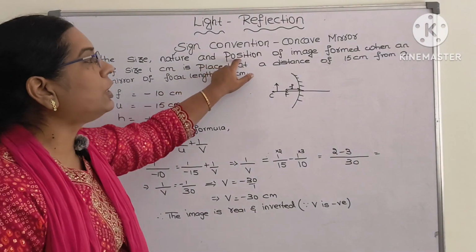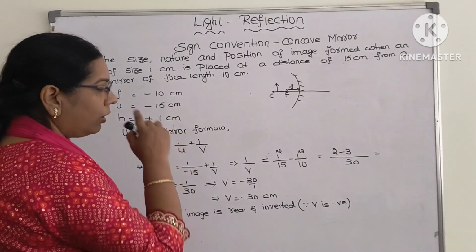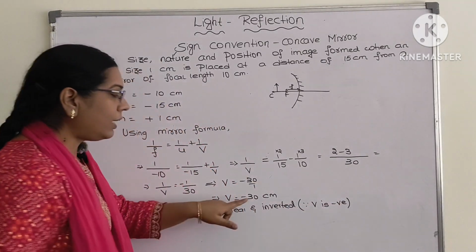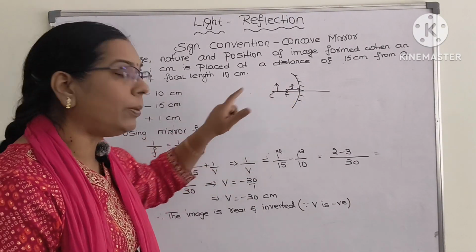He is asking the position of the image. Where is the image formed? And where is it formed? At a distance of 30 centimeter from the mirror.